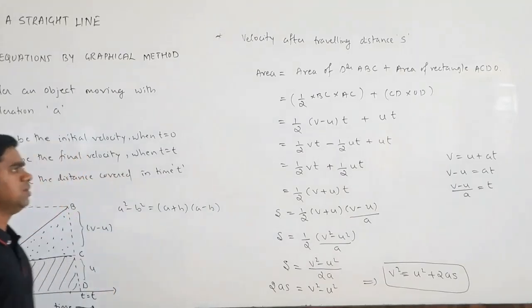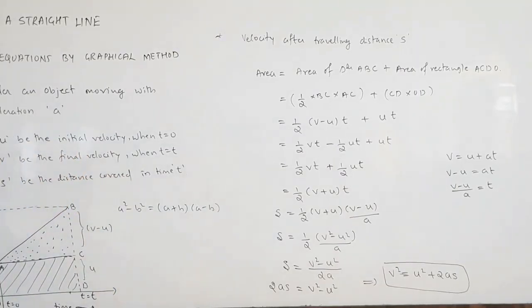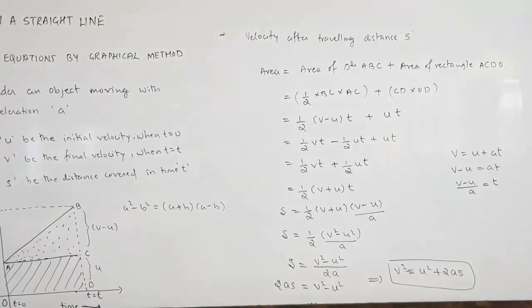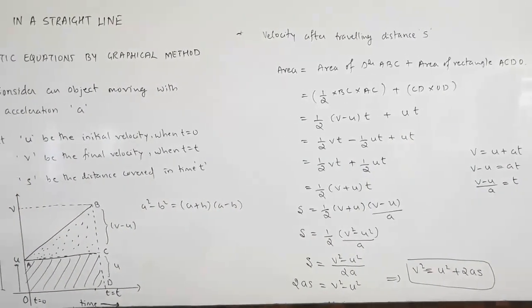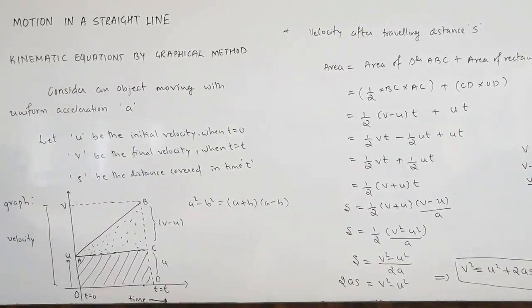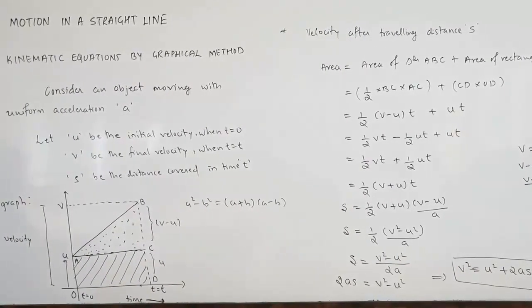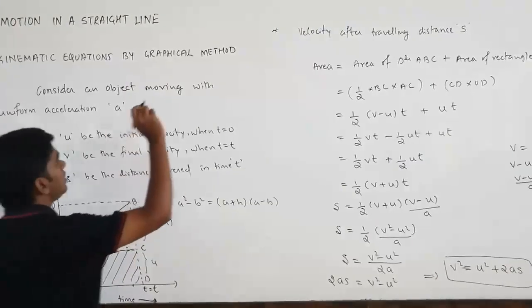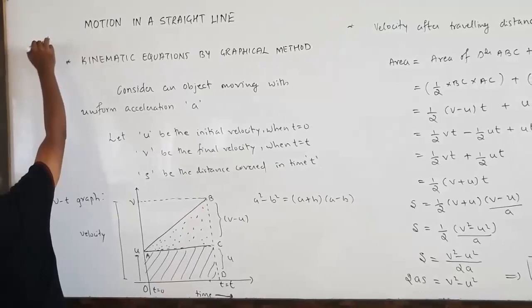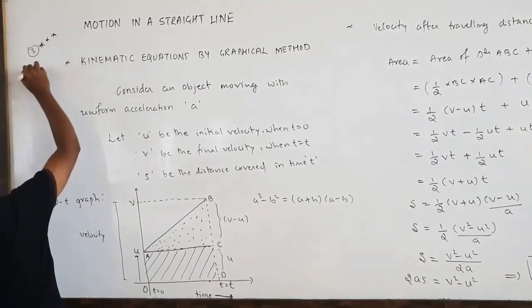Okay. So they may ask any one equation for 3 marks, or they may ask all 3 for 5 marks, or they may ask any 2 for 5 marks. Okay, it depends. But one will come only in your board exam. Very, very important. So all these three are very, very important for your board exam.